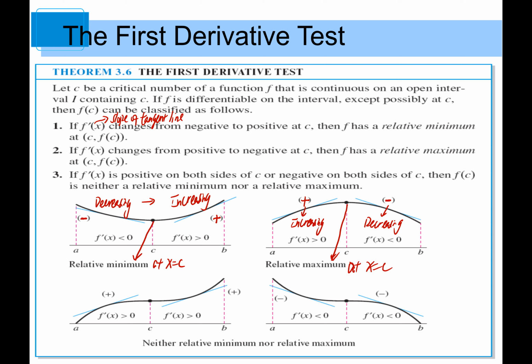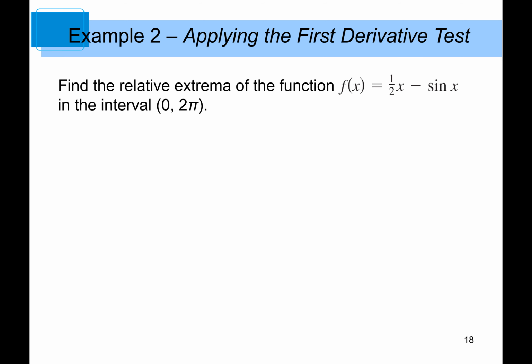If the sign does not change, meaning if it is increasing, still remain increasing, right, then there's no extrema. If it's decreasing, still remain decreasing, or the slope of tangent line stays positive all the way or stays negative all the way, then there's no extrema. Okay, that's the essence of the first derivative test.